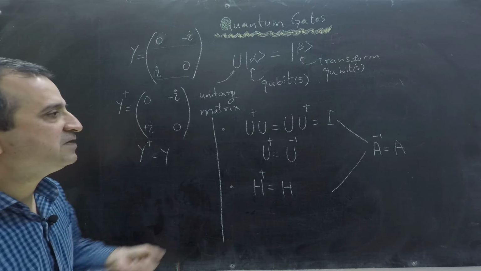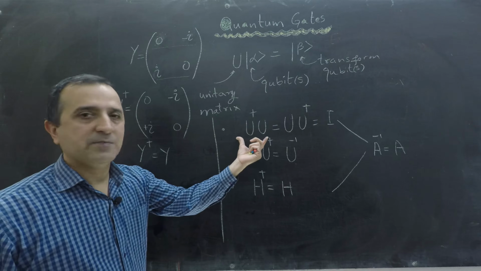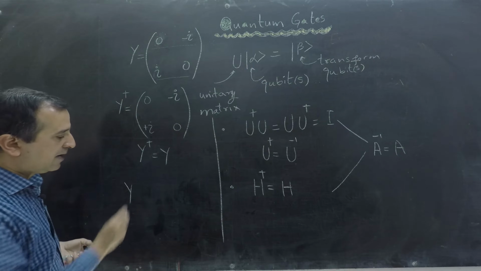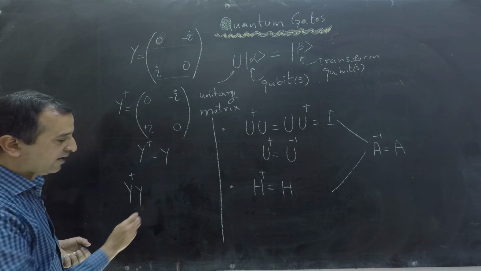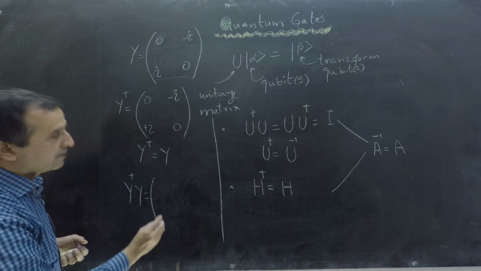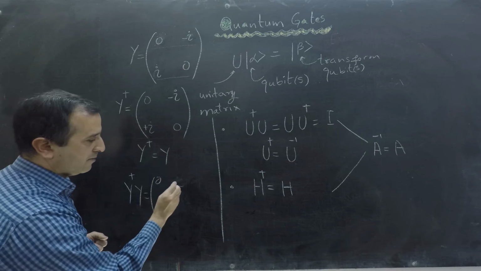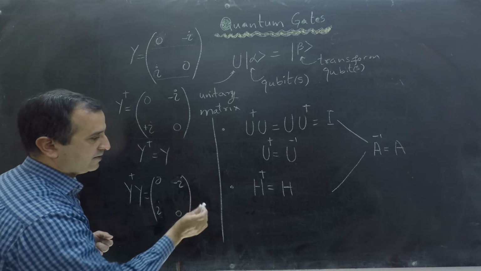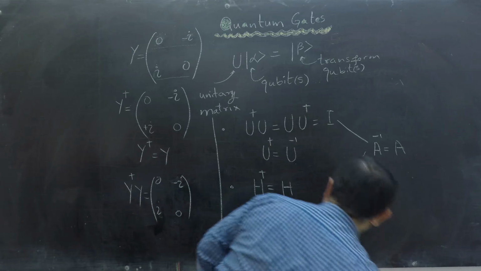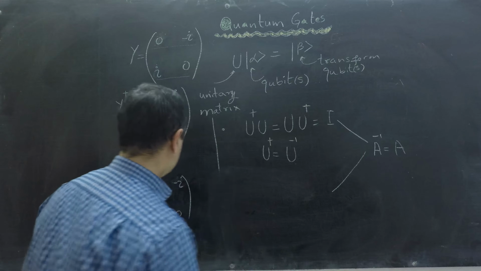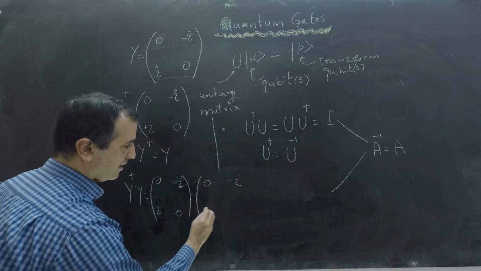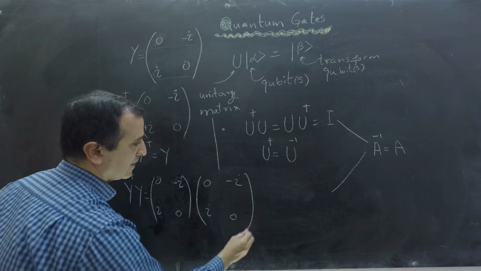Now we have to see if this is a unitary matrix. To that end, we multiply Y conjugate transpose with Y, so we multiply 0, minus iota, iota, 0 with 0, minus iota, iota, 0.